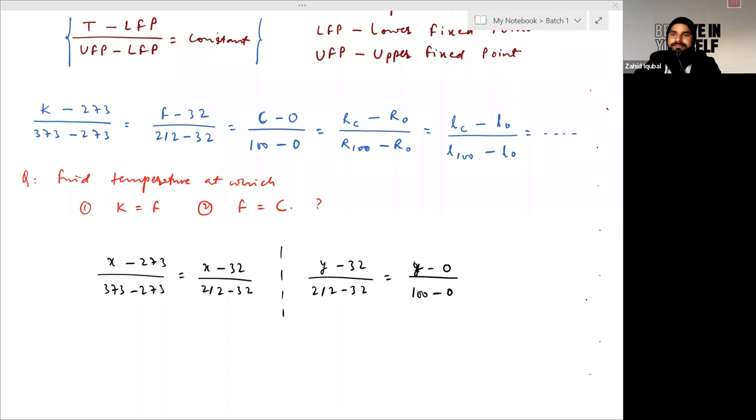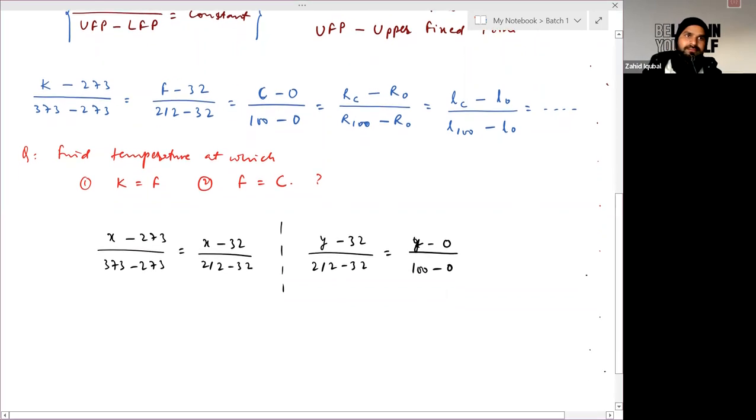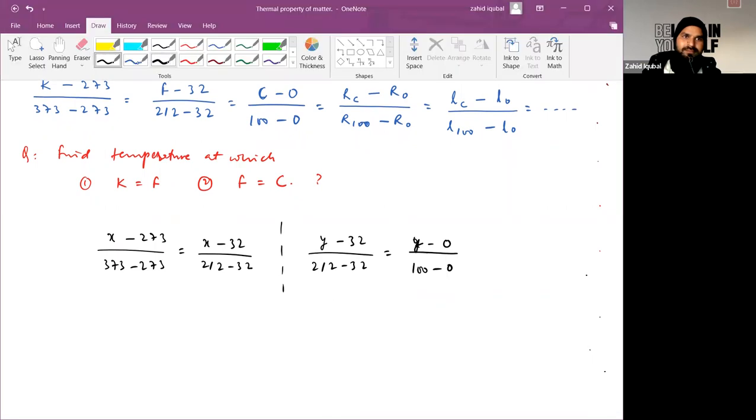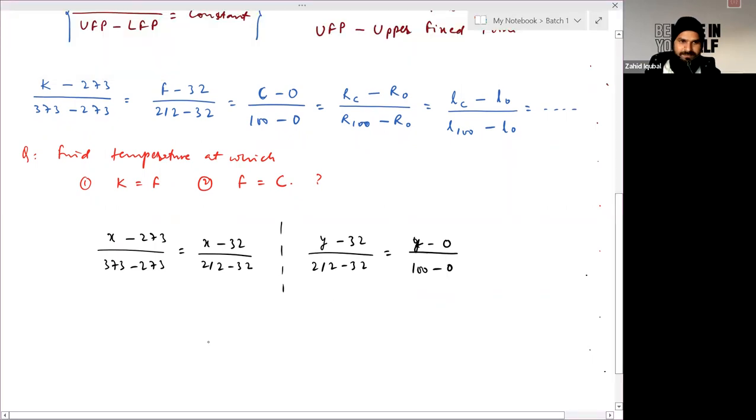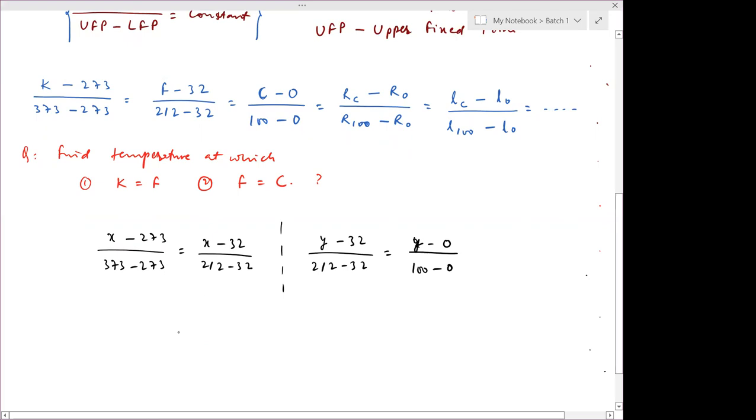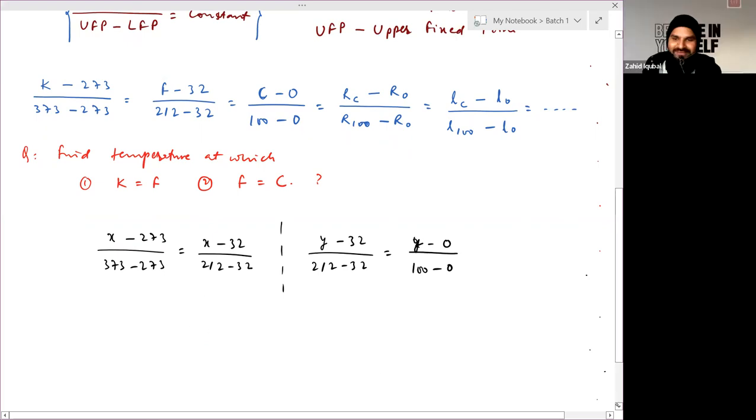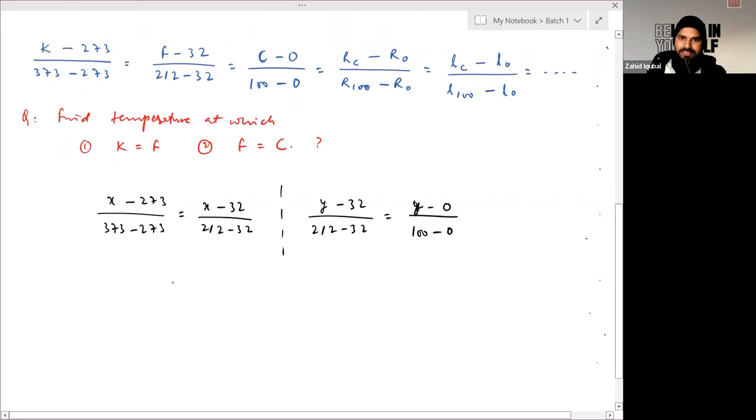Yes, you got any answer? Hamza, you have solved the first part? I am stuck, sir. Okay, let me solve. I think the second one is easier. Okay, let me solve first. X minus 273 divided by 373 minus 273, it will be 100.